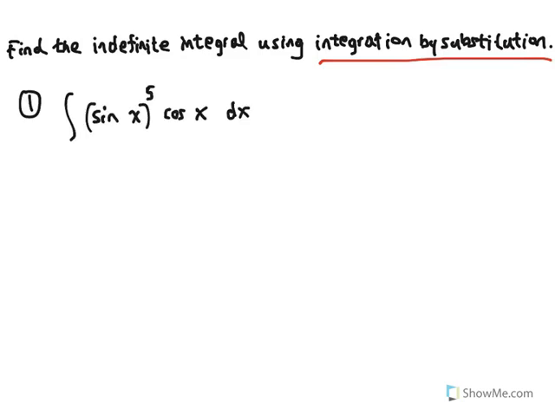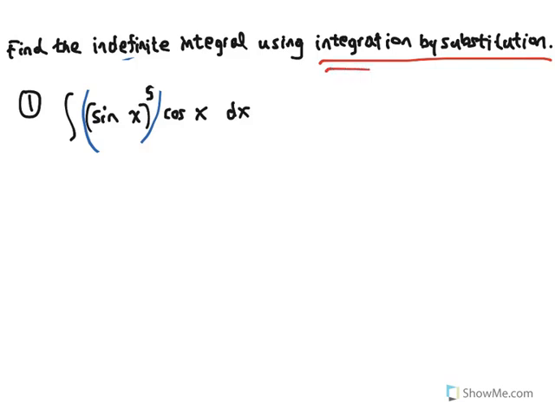Number 1, we have the indefinite integral of sine of x to the 5th power times cosine x dx. And when you look at the integrand, you do see that you have a composition of two functions here. And whenever you see a composition of two functions, you may be able to use integration by substitution.